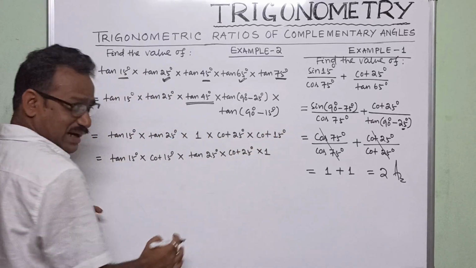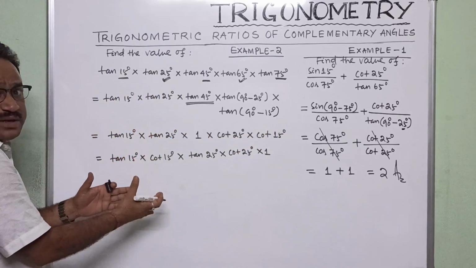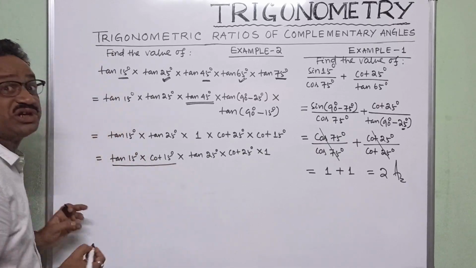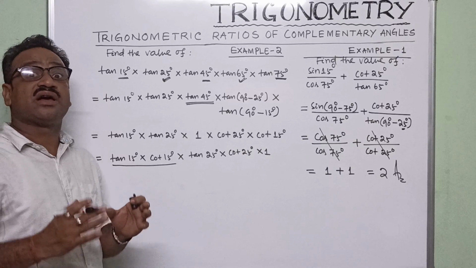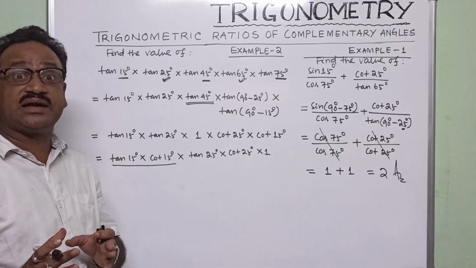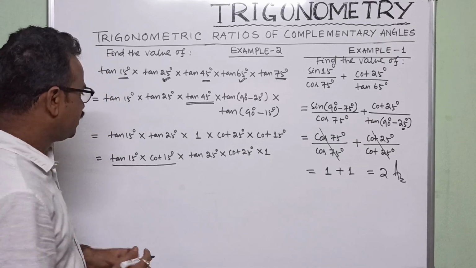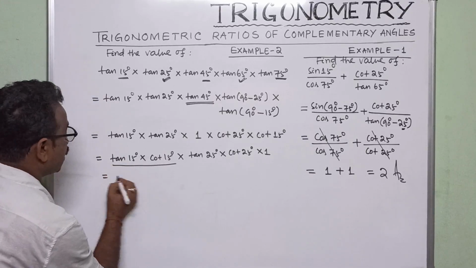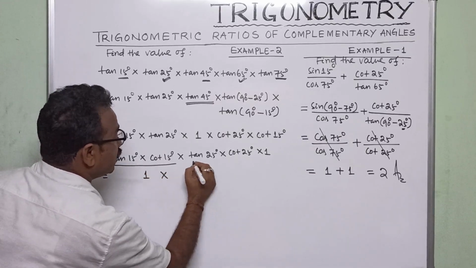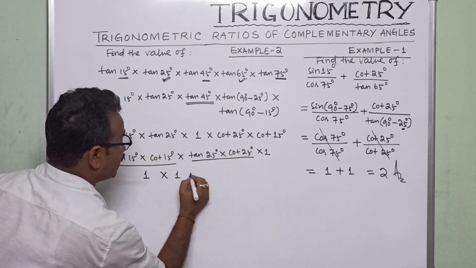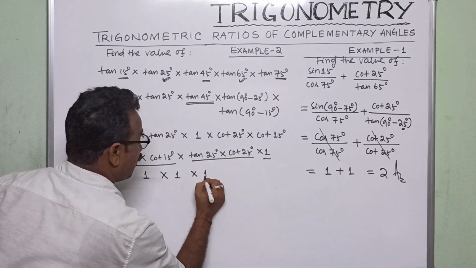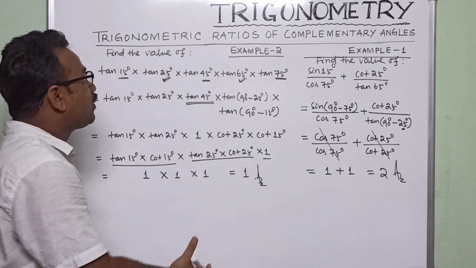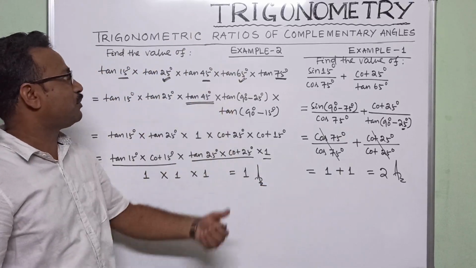Here also you can write directly, but I am adding one step for your better understanding. So you know tan theta into cot theta is 1, because the reciprocal of tan is cot and the reciprocal of cot is tan. So tan theta into cot theta is 1. That is equal to 1 into 1 into 1, which is equal to 1. So this is the required solution of example number 2.